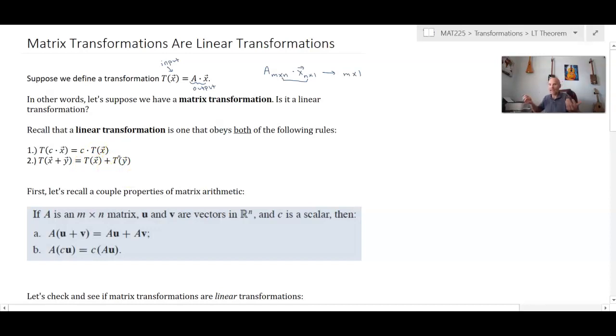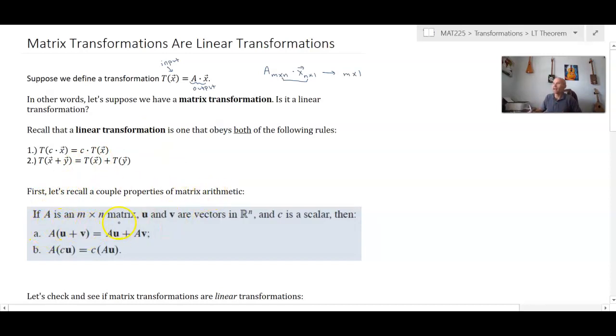Now these linearity properties we've described as distribution in a way, though remember that T of x plus y, T is not multiplying, it's a function name and it inputs the vector sum x plus y. In order to see that this is a linear transformation, we will use a couple of matrix arithmetic properties.